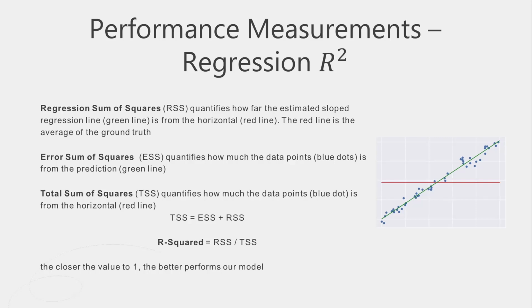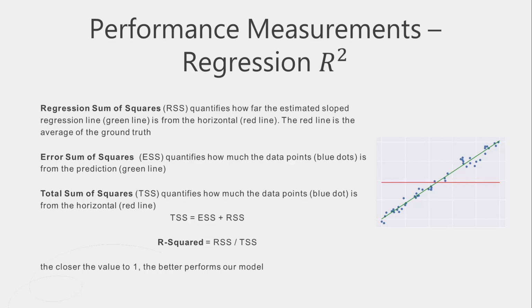The regression sum of squares represents how far the line that represents the model's prediction is from the ground truth, or simply said, the distance between the green and the red line. The error sum of squares represents the sum of the distances between the blue dots and the green line.